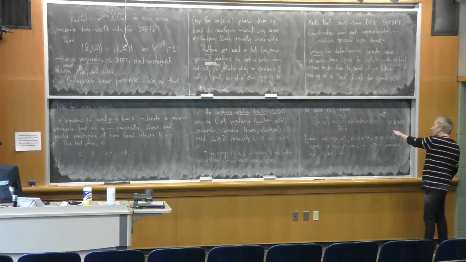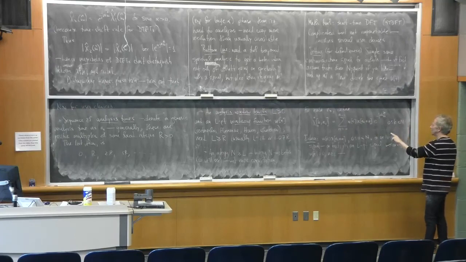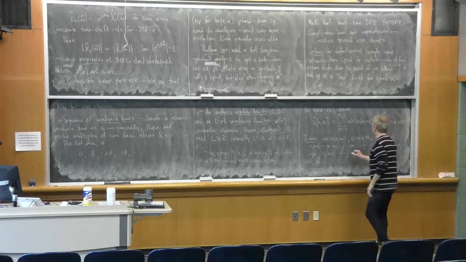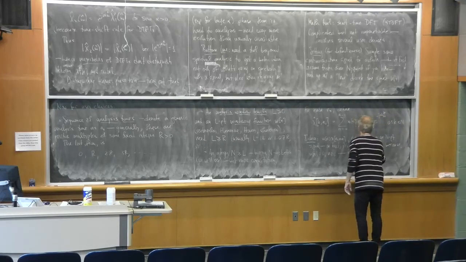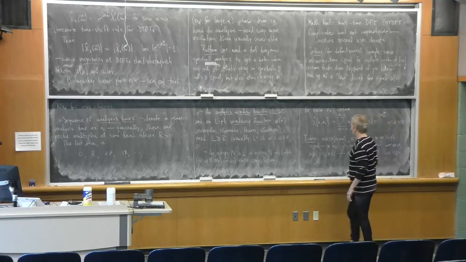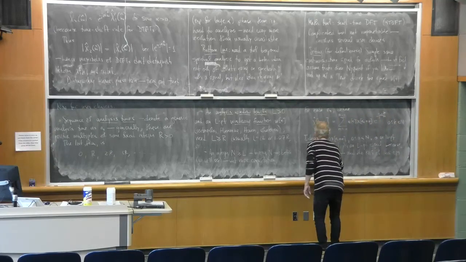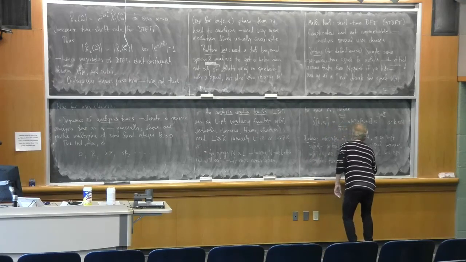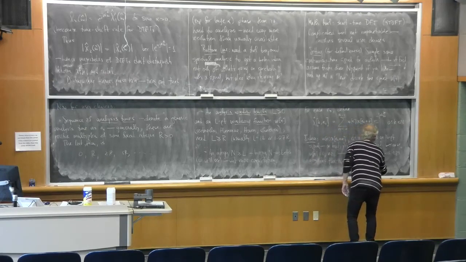And what we're doing on the right-hand side of this equation is taking the capital N-point DFT of that signal. So the right-hand side, RHS, of this equation is computing the N-point DFT of this signal.